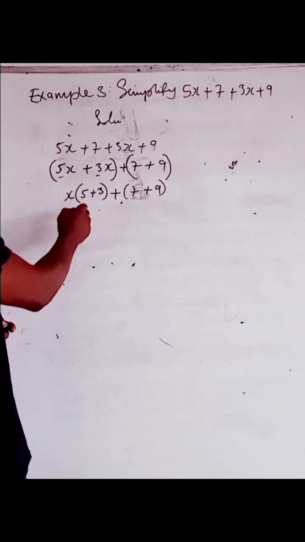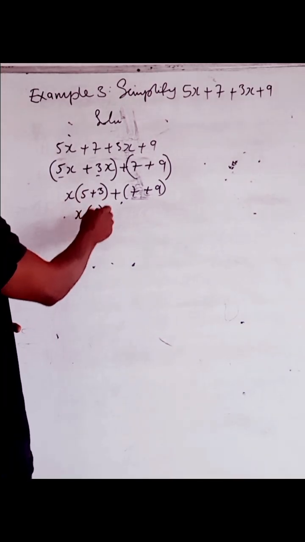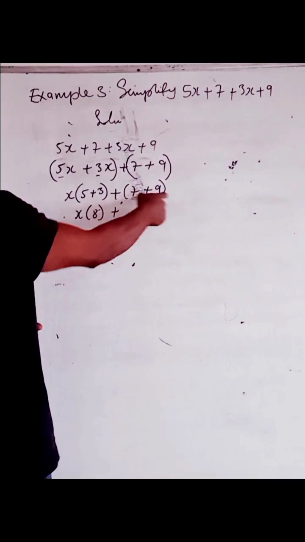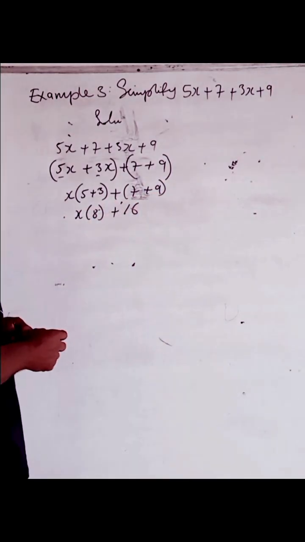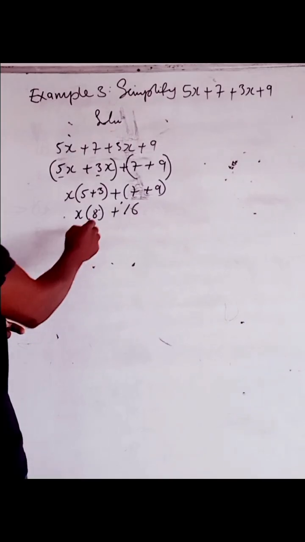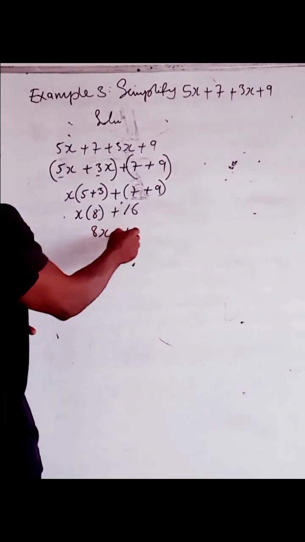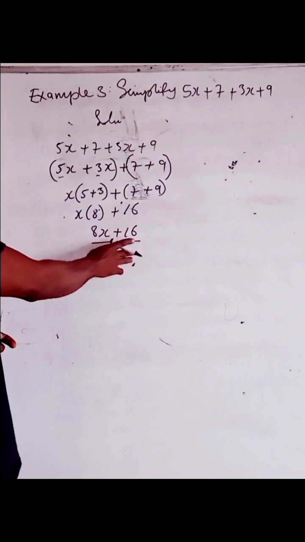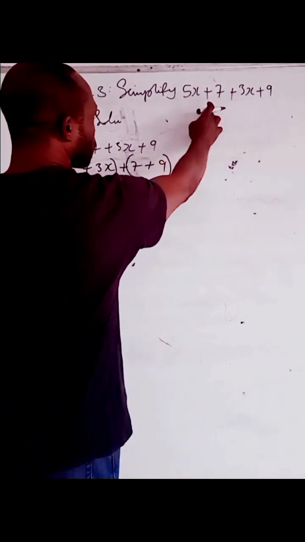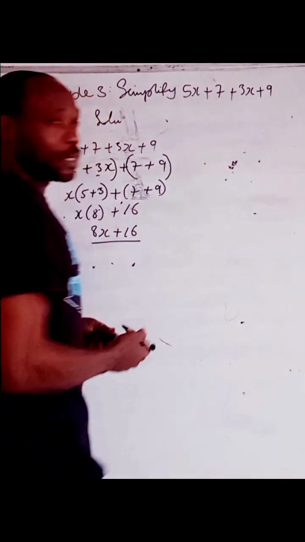So 5 plus 3 is 8. Plus 7 plus 9 is 16. Right? And this can also be written as 8x plus 16. Therefore, 8x plus 16 is the simplified version of 5x plus 7 plus 3x plus 9.